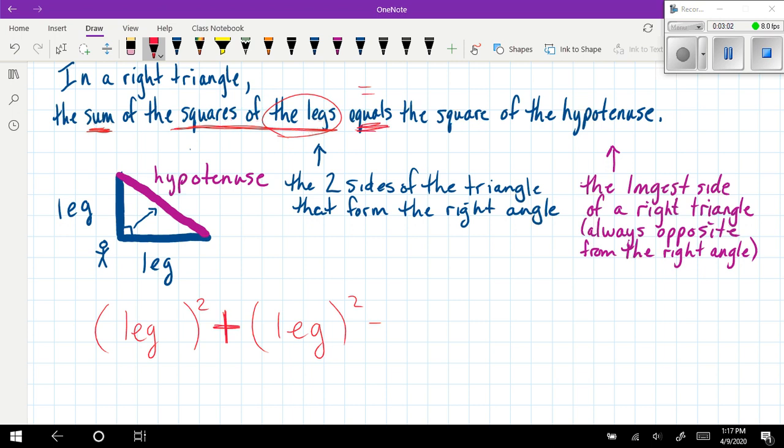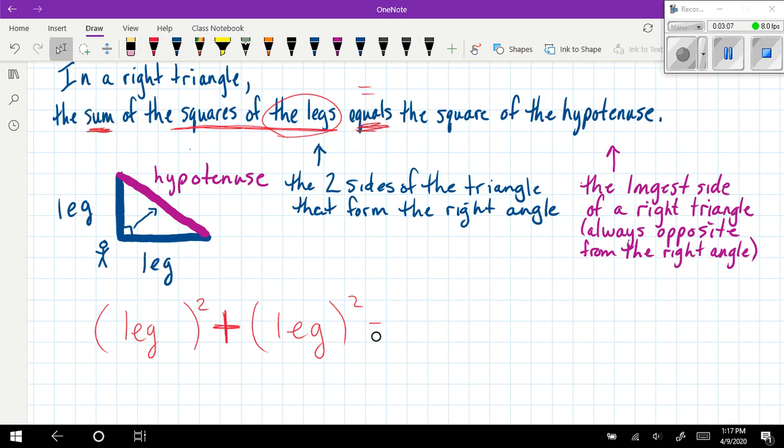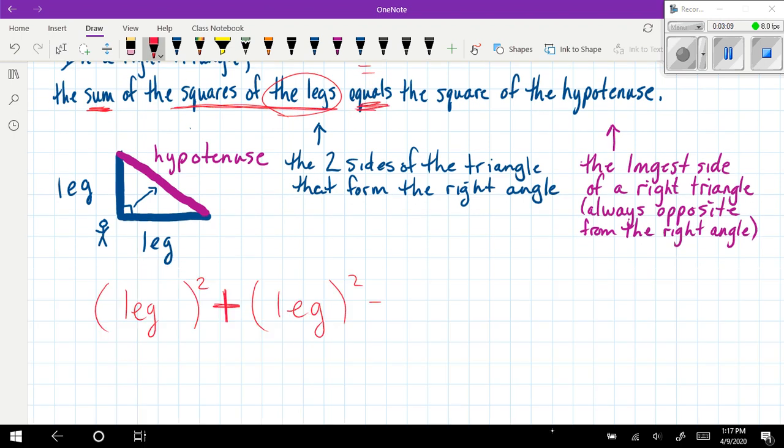Oh, we knew this was going to happen eventually. This is equal to, and let's make that nice, the square of the hypotenuse. So squaring something again. And what am I squaring? I'm squaring the hypotenuse.